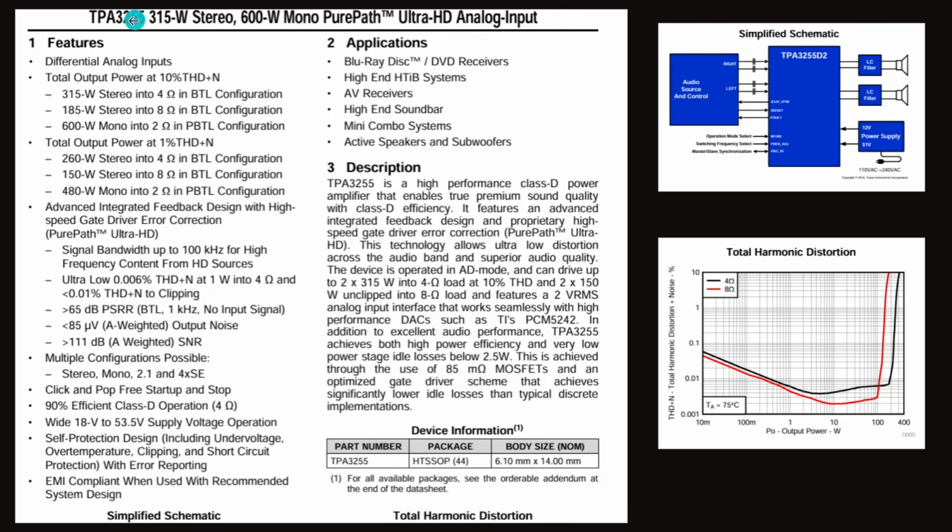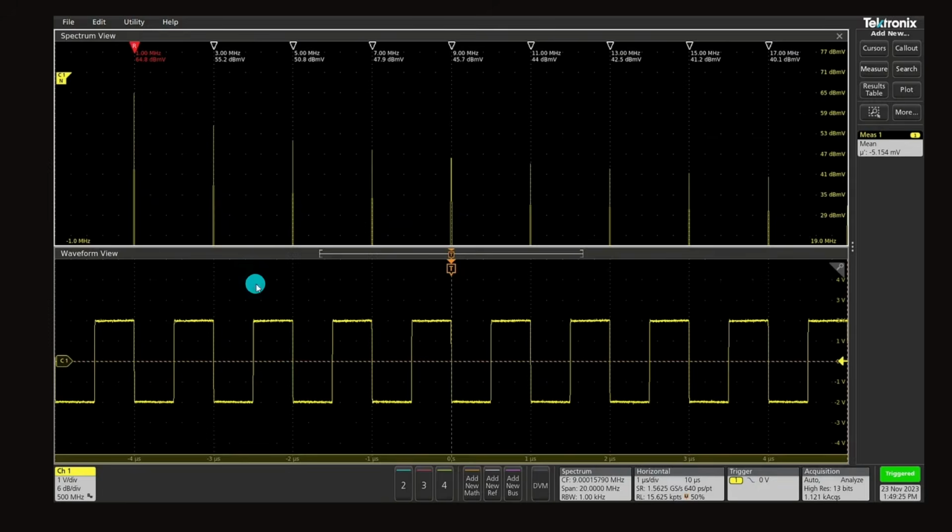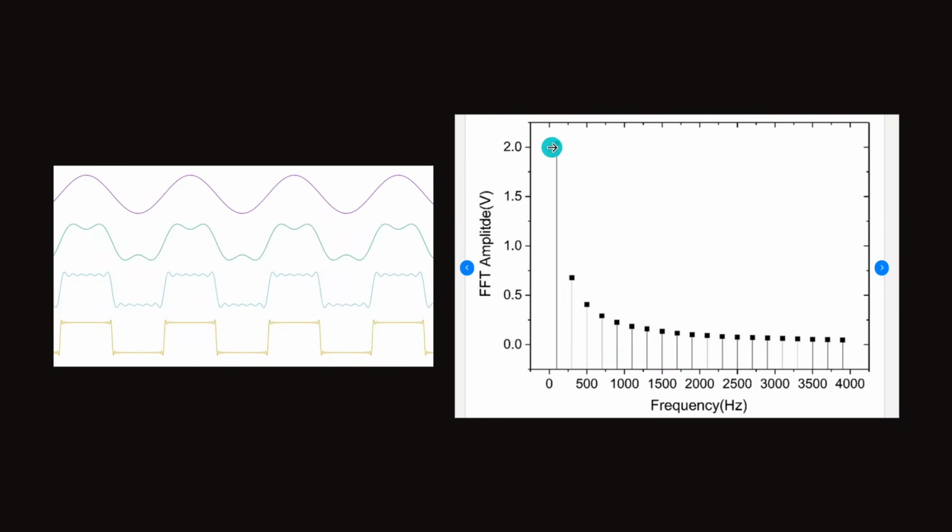One more thing, when we are looking at the specs, all manufacturers show you specs at 10% total harmonic distortion, and at a maximum 50 volt power supply we can get about 315 watts in stereo. And if you go back, yeah, we can get 300 watts, and we start to generate those harmonics.